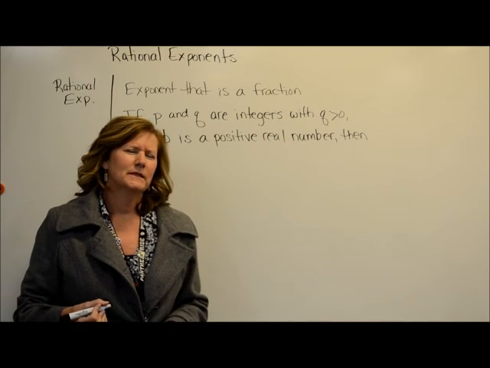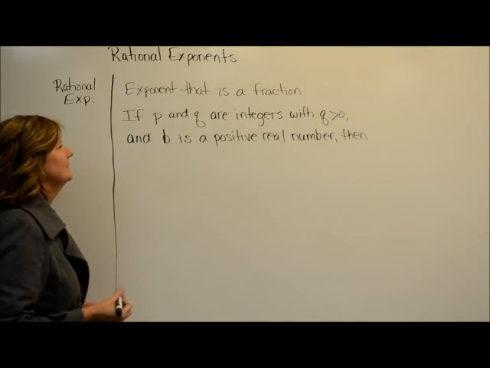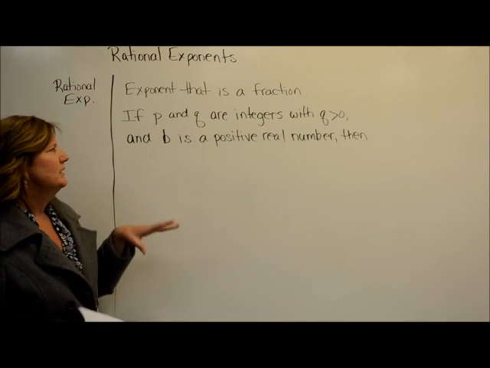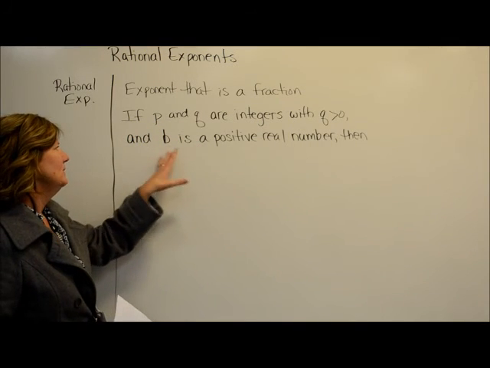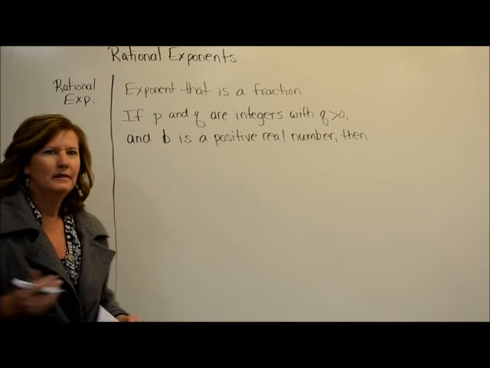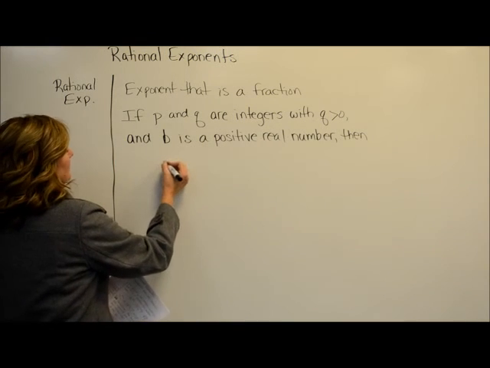Okay, so go ahead and pause real quick. Okay, so if P and Q are integers with Q greater than 0 and B is a positive real number, then this is what's true.